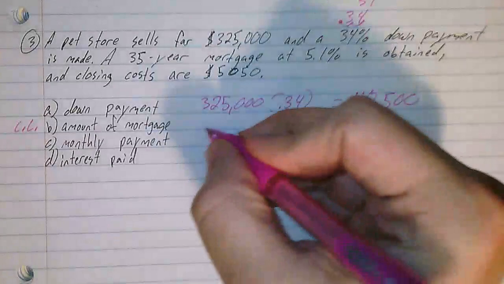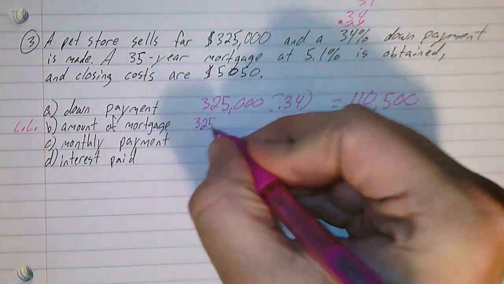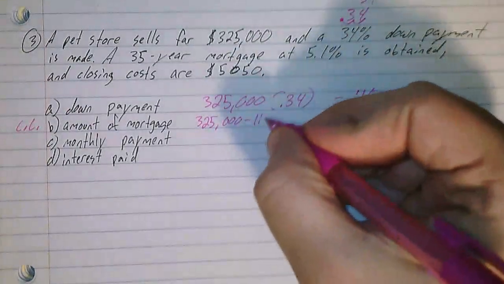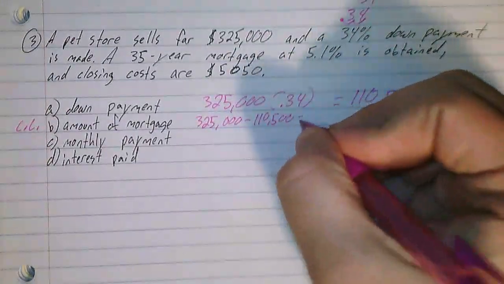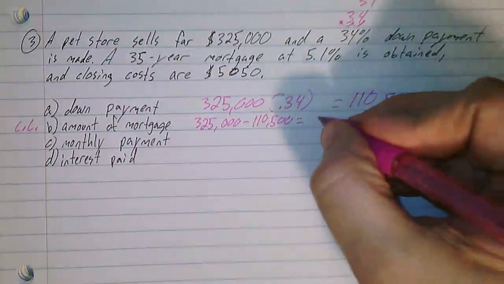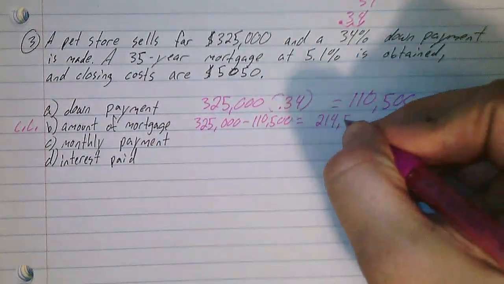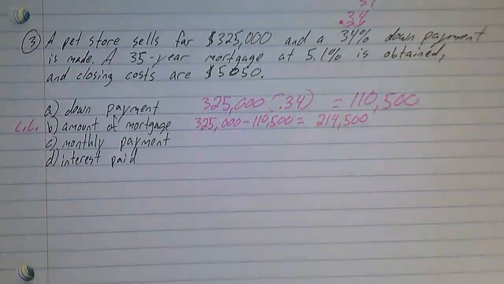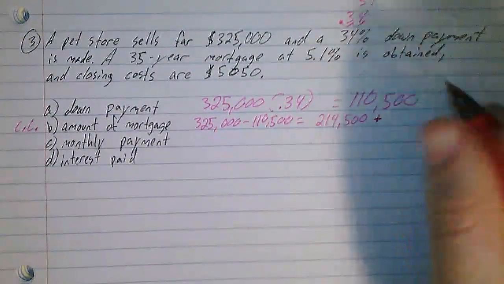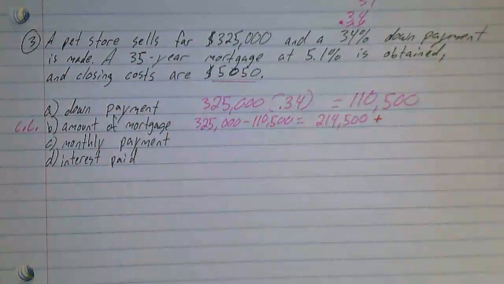We take the cost of the pet shop minus the down payment. And that gives us $214,500. And then to that, we add the closing costs, because we don't have money for that either.